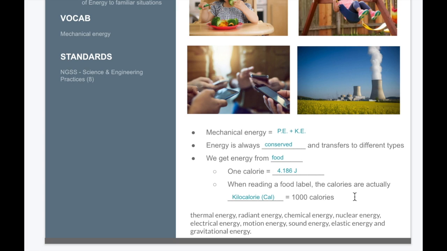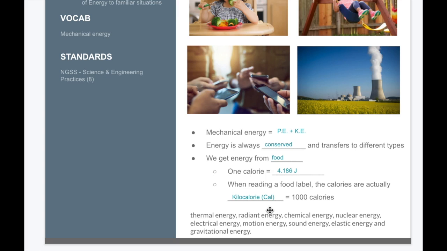Okay, so here below I have the different types of energy. I'm going to run through them real quickly, and then we'll talk about in the picture what types of energy we're seeing and how they're being converted. Okay, so we have thermal energy. So this is energy that's given off, you can kind of think of it as heat.